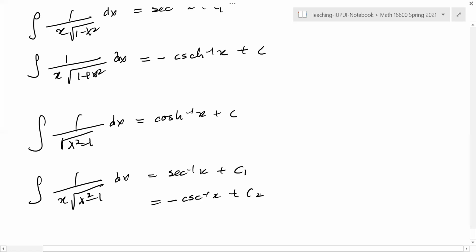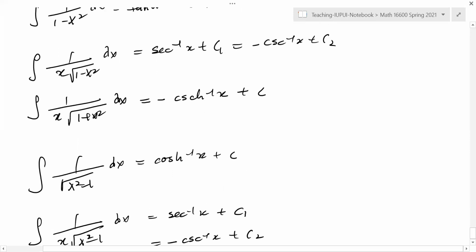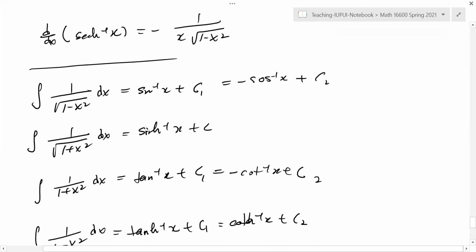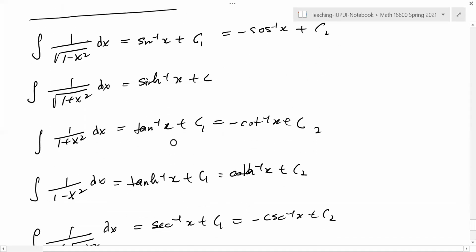If you have all of this, based on the form of the function, these are the integrals. So we get all of them. How many formulas do we have? It's a long list. That's why we are forced to get to the inverse functions.